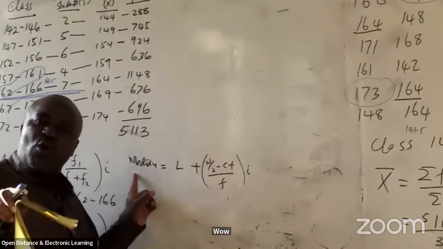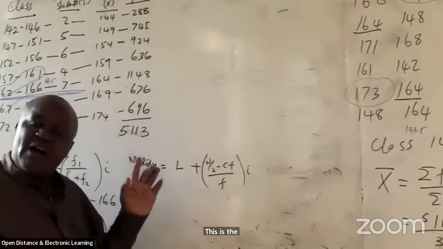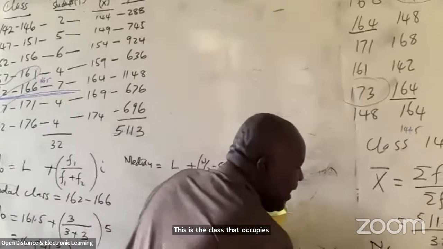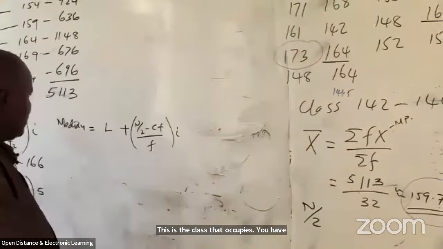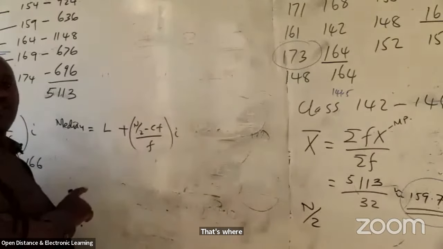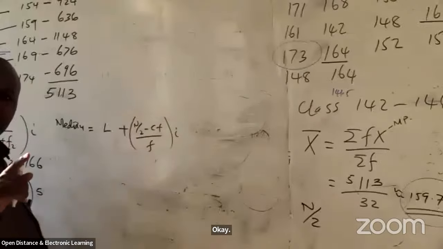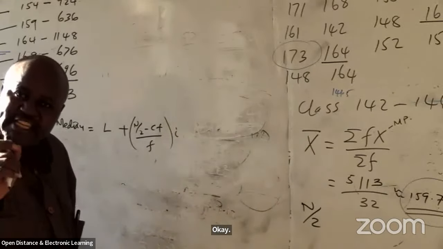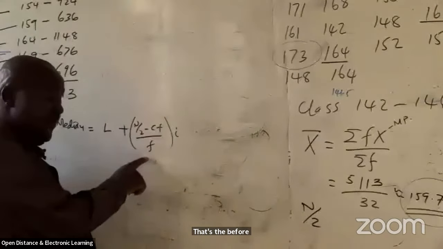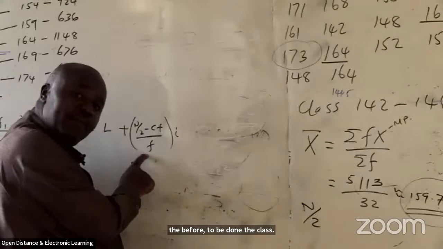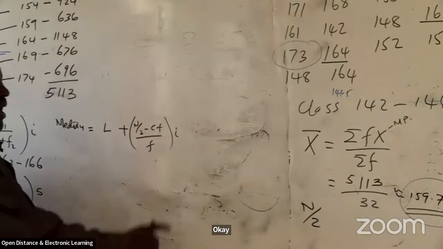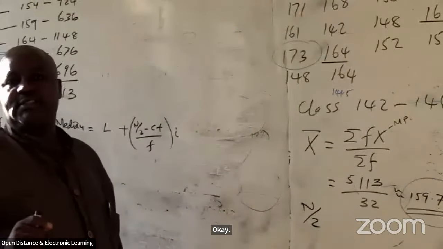This is the class that occupies the halfway, the n over 2 item. That's where the median class is, so we get its lower class boundary. N is the total number of observations. Then CF was the cumulative frequency up to the class just before the median class. And F is the frequency of that median class. I is the class size.